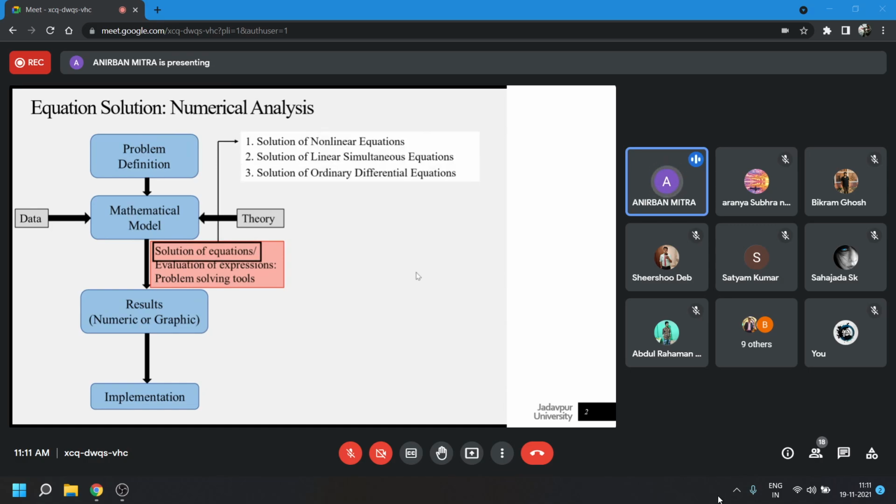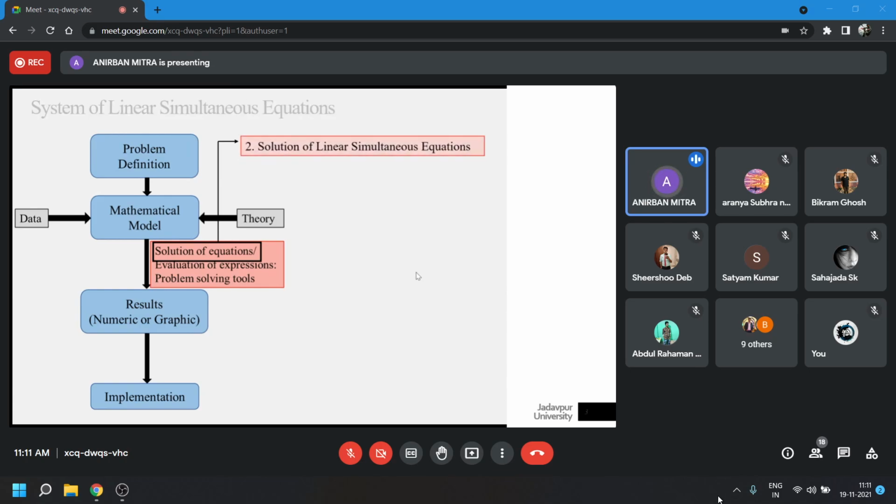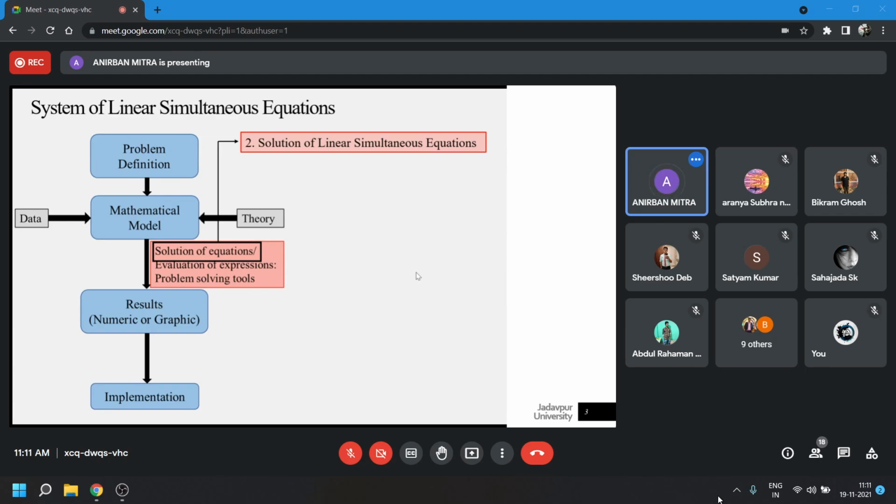We have already seen one such case, that is solution of nonlinear equations. But today, what we will be concentrating on is another type of equation or set of equations, which is known as a system of linear simultaneous equations. And we'll look at how these system of equations can be solved.